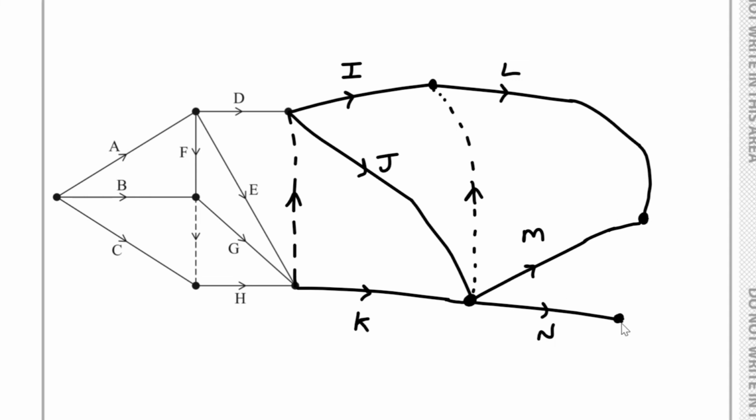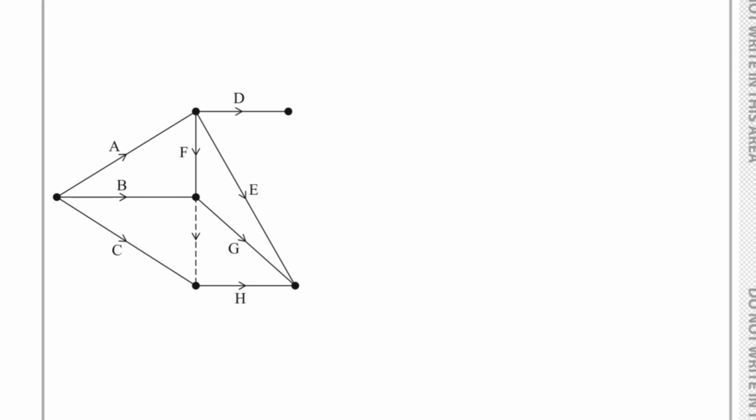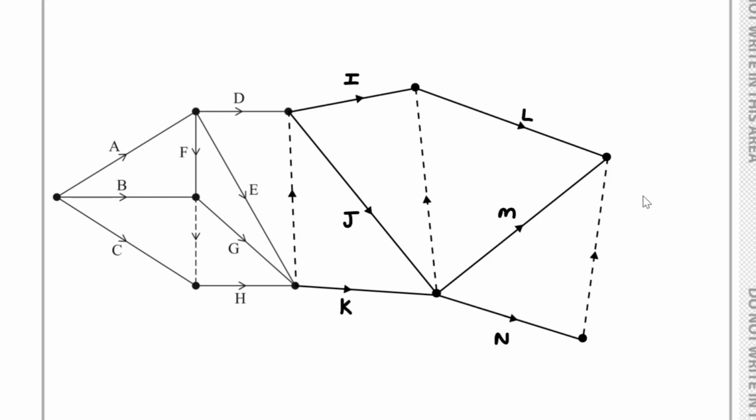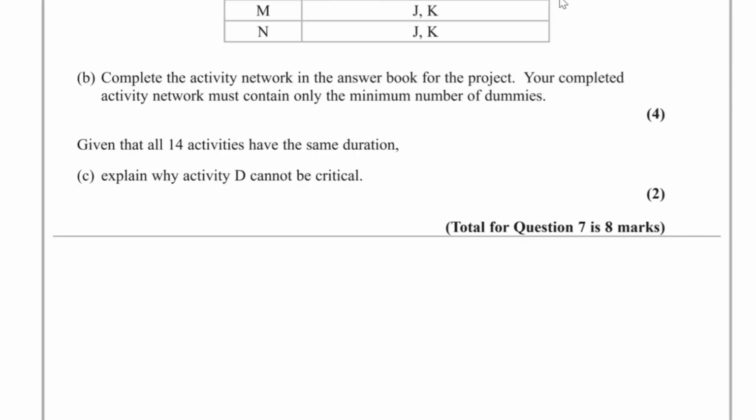So if I have N finishing here, we can have a dummy over here. So this is our required diagram. Now let's do all this neatly. So here is the completed activity network with our correct dummies.